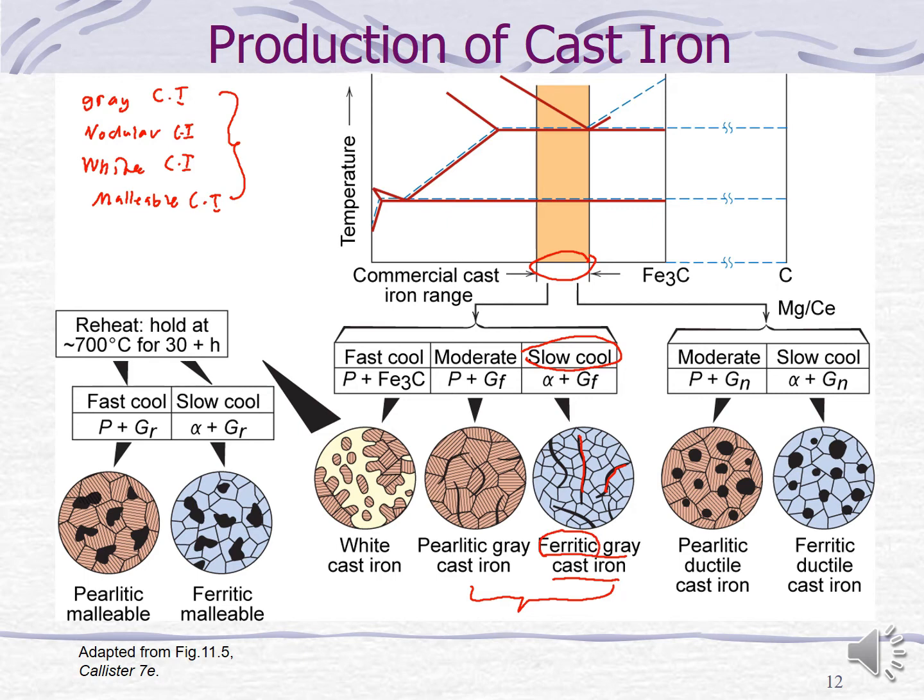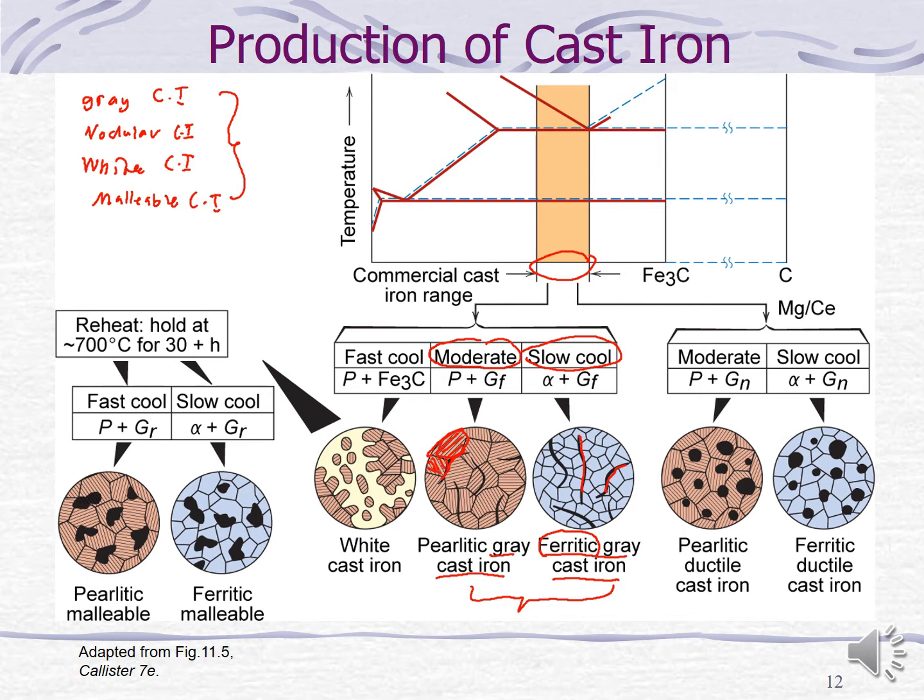And if we do moderate cooling, it will still produce grey cast iron, but this time the graphite is surrounded by the pearlitic structure, the alternating layers.